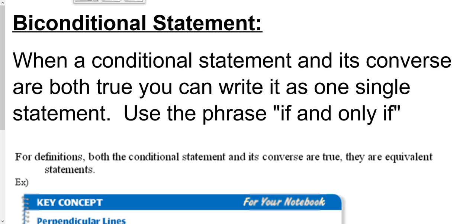So write down this definition. When a conditional statement and its converse are both true, you can write it as one single statement. Use the phrase if and only if. Maybe underline that.